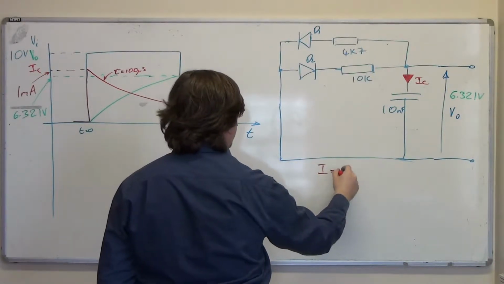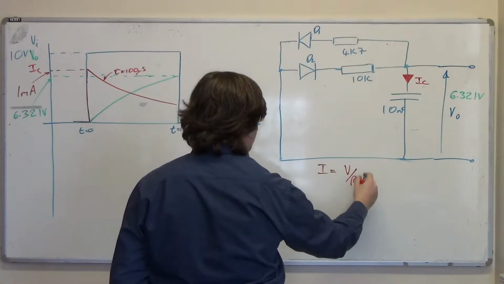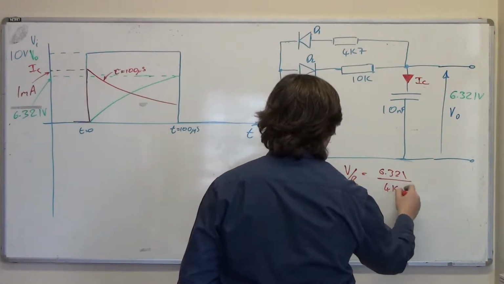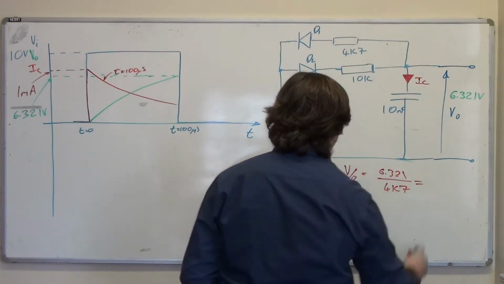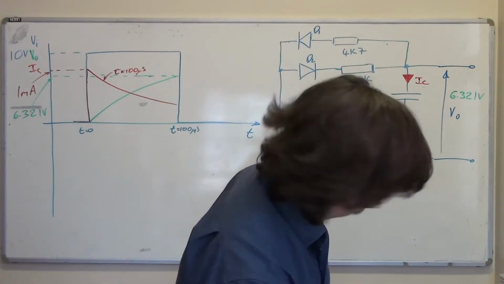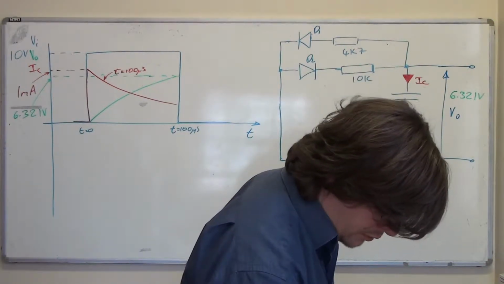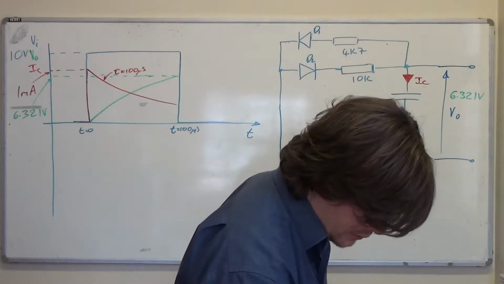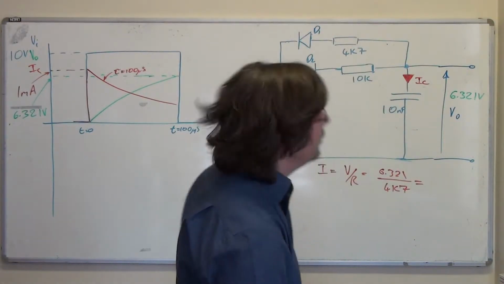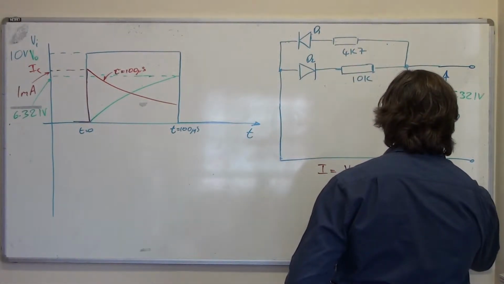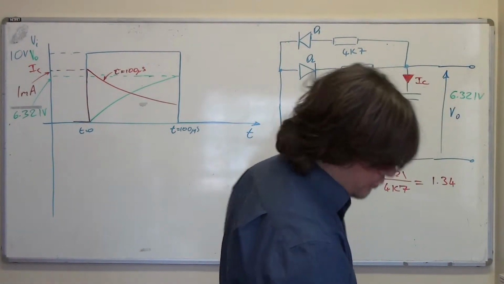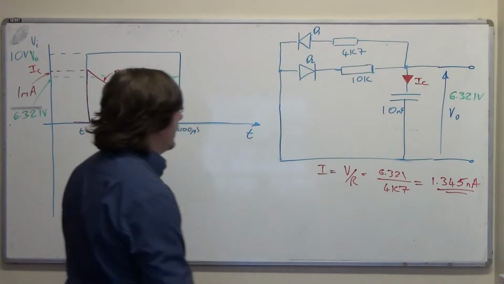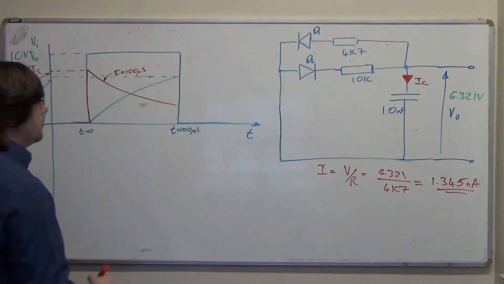So I is V upon R, which is 6.321 divided by 4K7, which is about 1.2 milliamps by the looks of things. 6.321 divided by 4.7E3 is 1.344, no, 1.345 actually. So it's 1.345 milliamps, and that's the peak current that it'll get to.